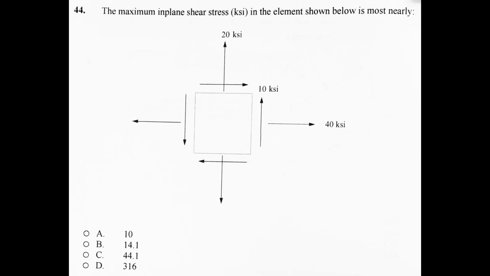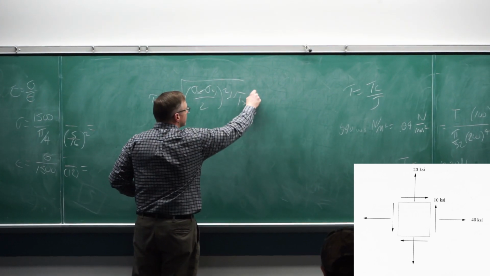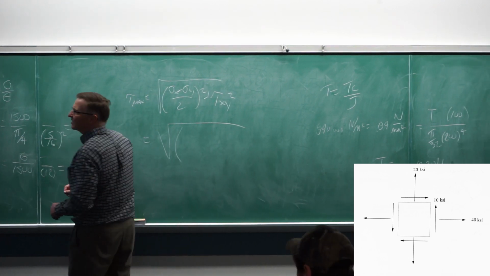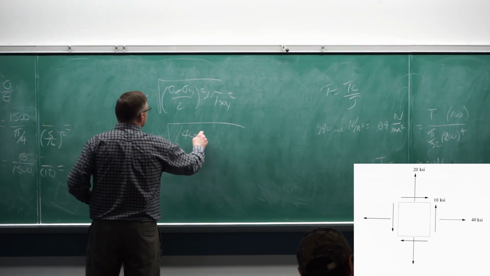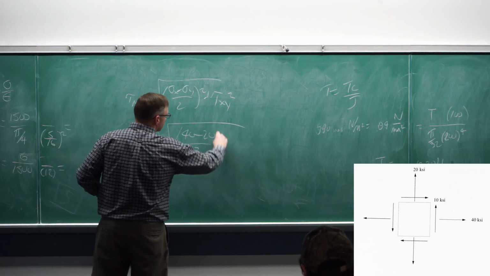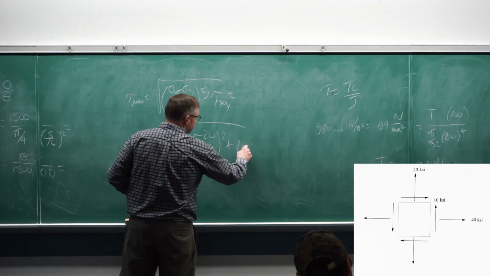Okay, so this is just a two-dimensional planar problem. Your maximum shear stress is going to be the square root of stress x minus stress y over 2, quantity squared, plus shear stress xy squared. So for our problem, x is a positive 40, y is a positive 20, over 2 squared, and shear stress xy is a positive 10 squared.